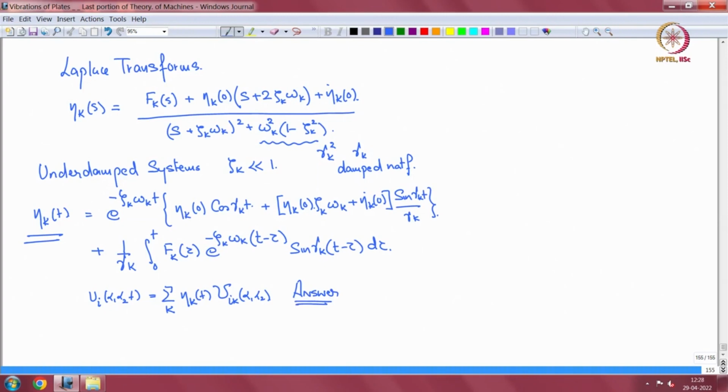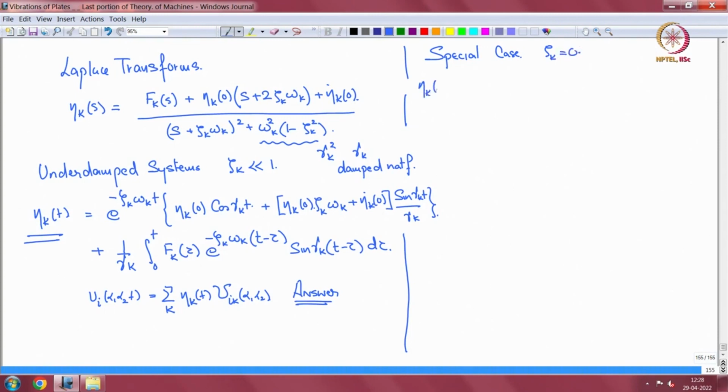The textbook now gives just a special case when the damping is 0. Zeta k is 0, then what do we get?